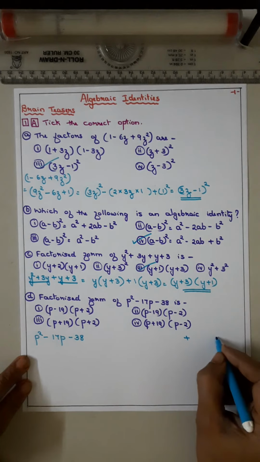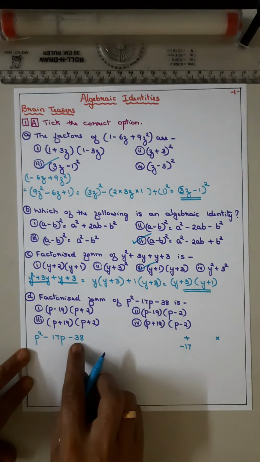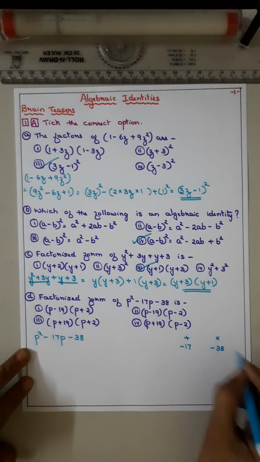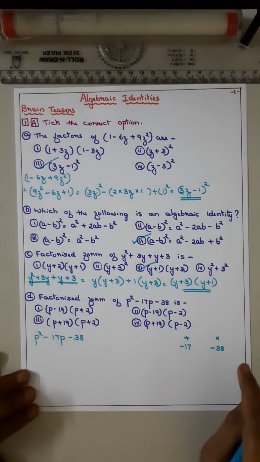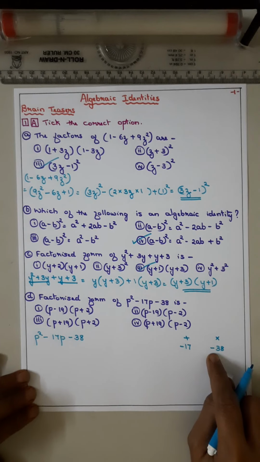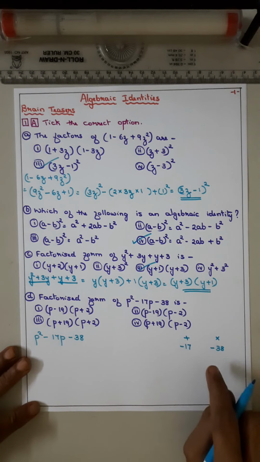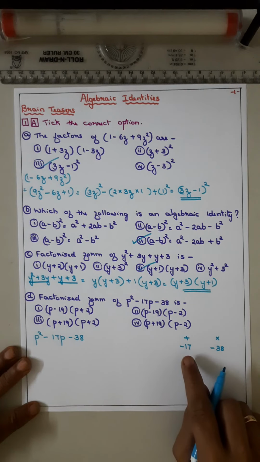So plus multiplication, when you add it should be minus 17, when you multiply the answer should be minus 38. ऐसे वाले दो नंबर्स को देखो, जब भी ऐड करोगे -17 और मल्टीप्लाई करोगे -38. अभी माइनस का मतलब क्या है, दोनों नंबर का साइंस अलग है ना, डिफरेंट साइंस. When you multiply the product will be minus. और इसका मतलब इधर अलग अलग साइन को ऐड करने का मतलब डिफरेंस.